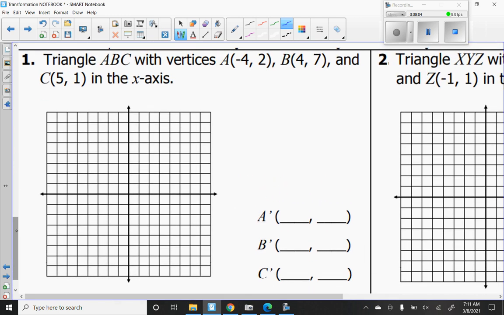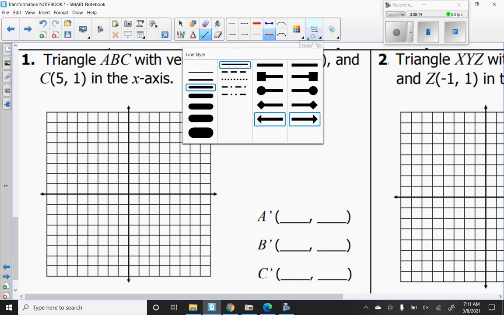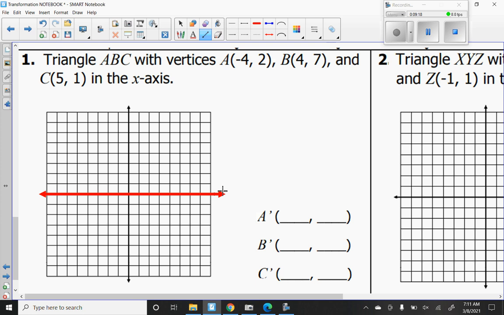All right, so how do we do this with objects? We do the same exact idea, but now we're going to plot the original and then plot the new. So real quick, let me put in my line of reflection as the x-axis. I'm going to do my pre-image in green, so -4, 2.